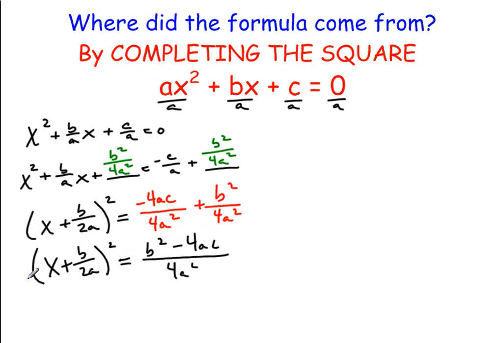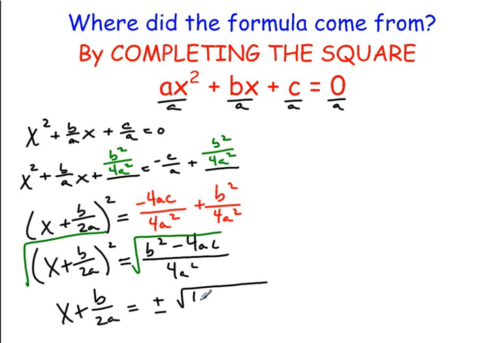So now what would I do to get x by itself? I'd take the square root of both sides, which is going to leave me with x plus b over 2a equal to plus or minus the square root of our numerator, b squared minus 4ac, over, my denominator is a perfect square, because 4a squared is just 2a times 2a. And now for my last step, I'm going to isolate x.